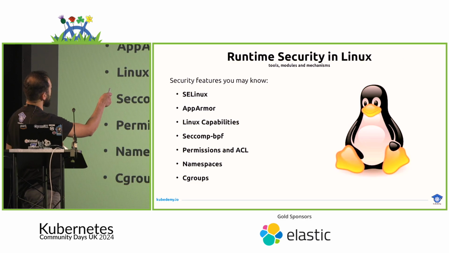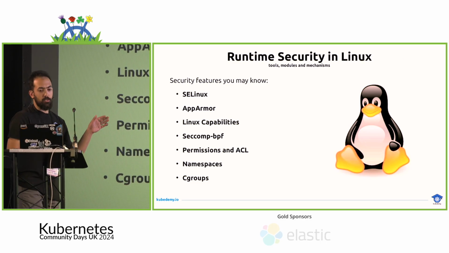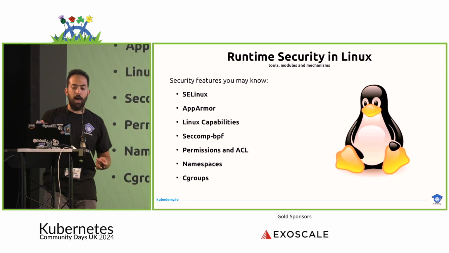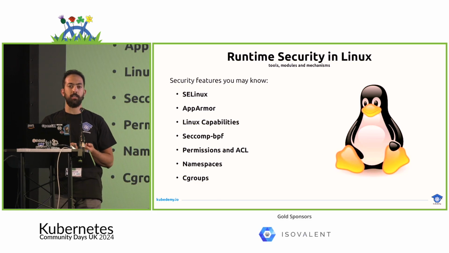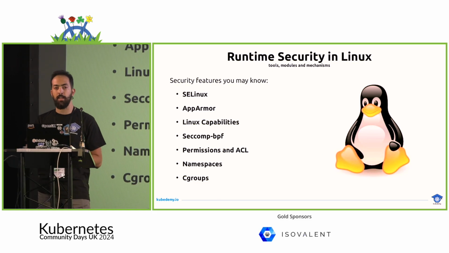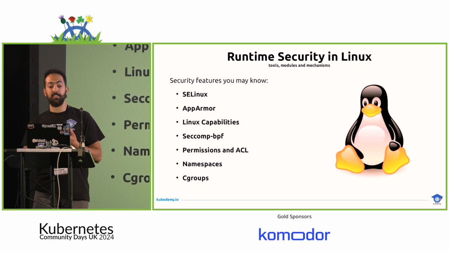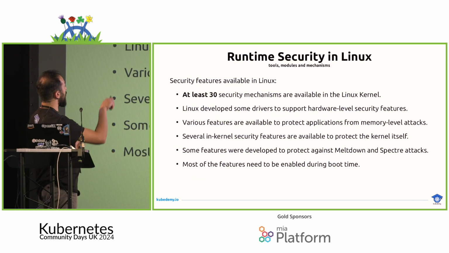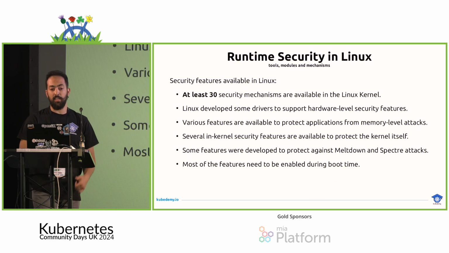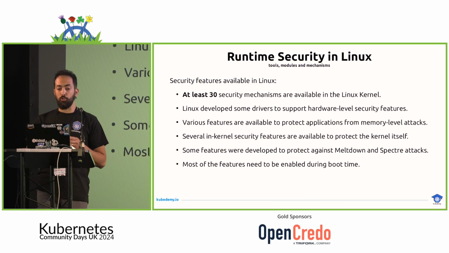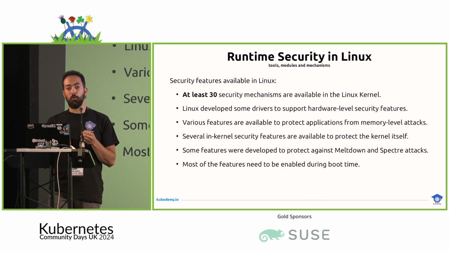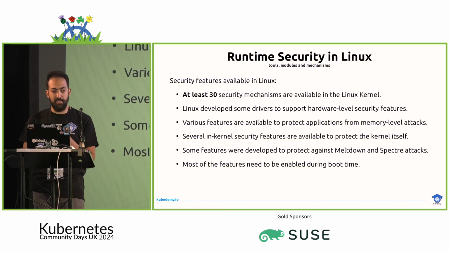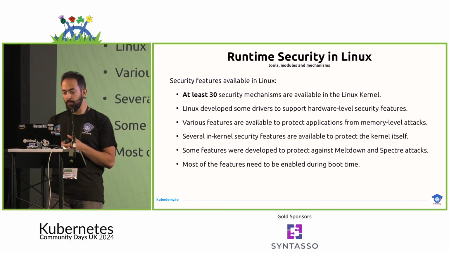In Linux, the security features you may know are SELinux, AppArmor, Linux capabilities, Seccomp-bpf, permissions and ACLs, namespaces, and cgroups. But the fact is, in the Linux kernel we have at least 30 mechanisms to secure the kernel itself and the application.